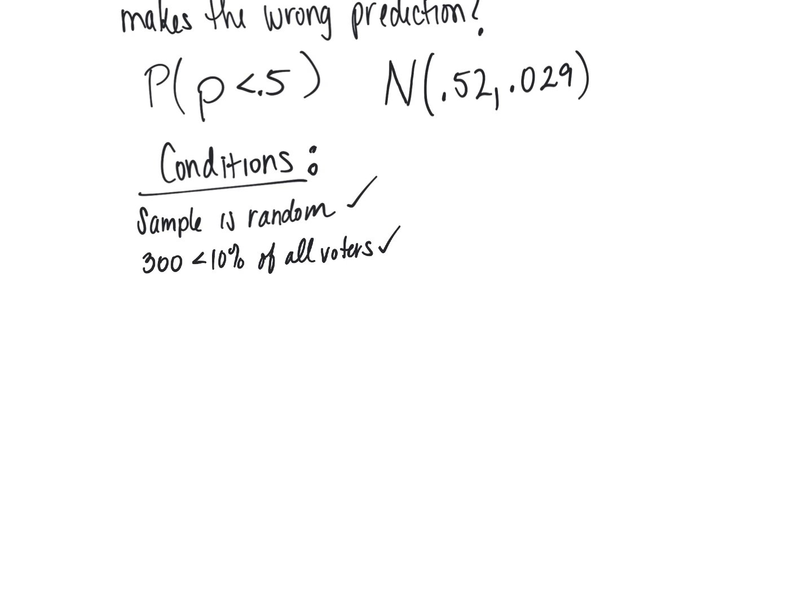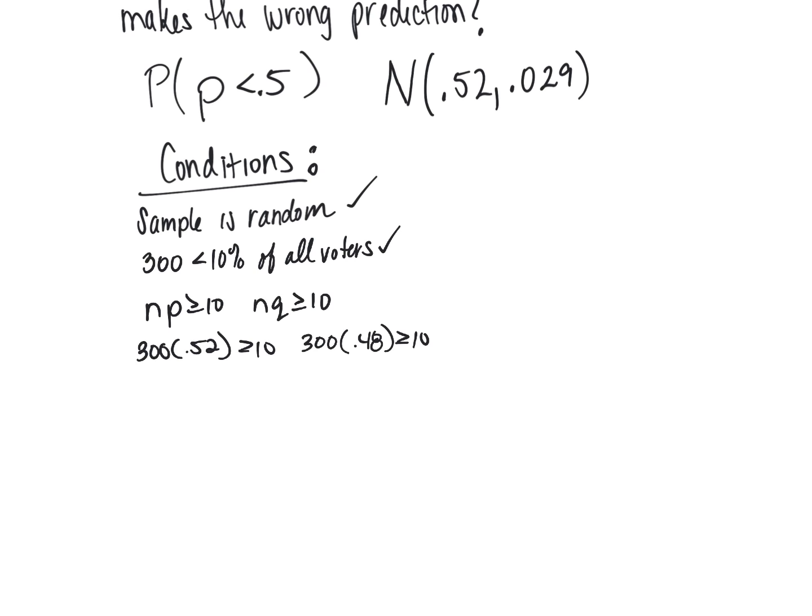And NP greater than or equal to 10, and NQ has to be greater than or equal to 10. This tells us our sample size is large enough. So that's 300 times 0.52 and 300 times 0.48. Now, you can say to yourself, obviously that's greater than 10.